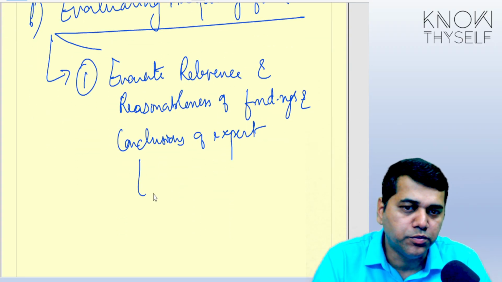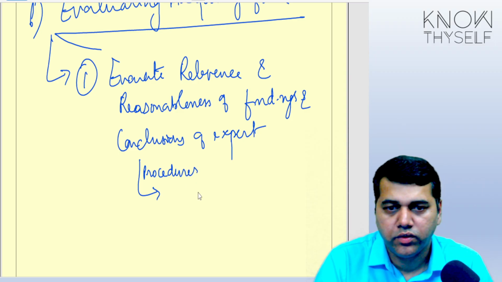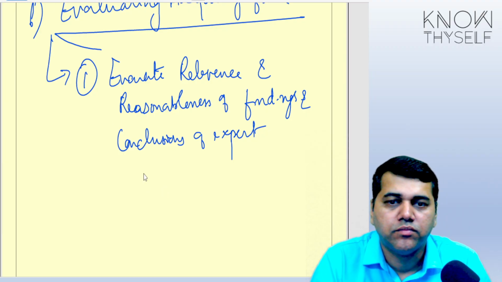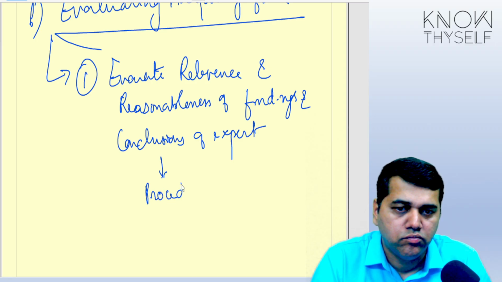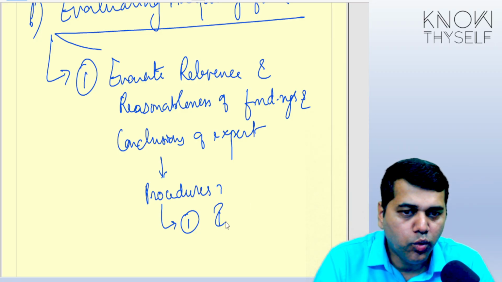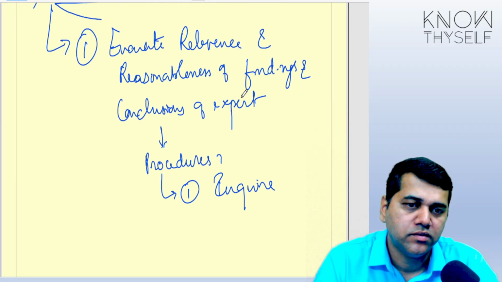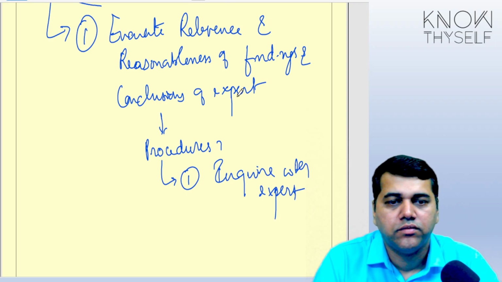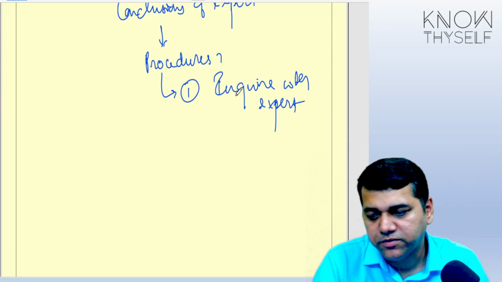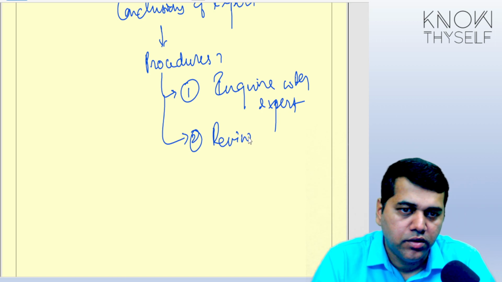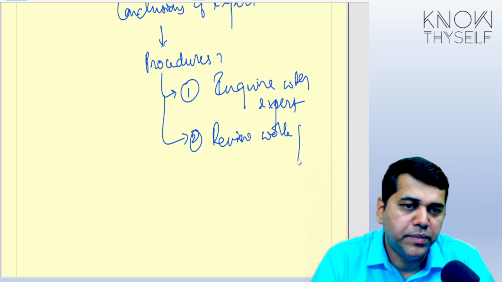So what procedures you need to perform? You can say what procedures he may have to perform to check this. One, inquire with the expert. You make an inquiry with the expert. Two, review work papers.